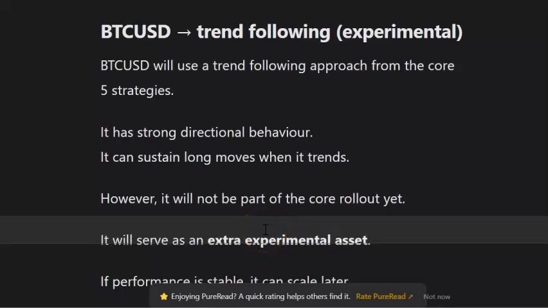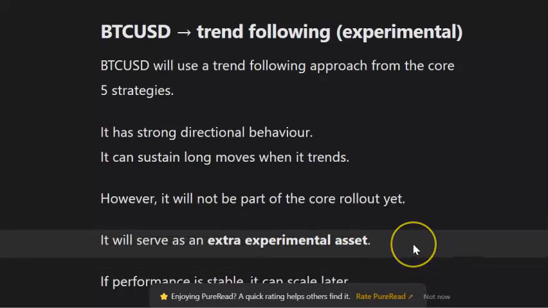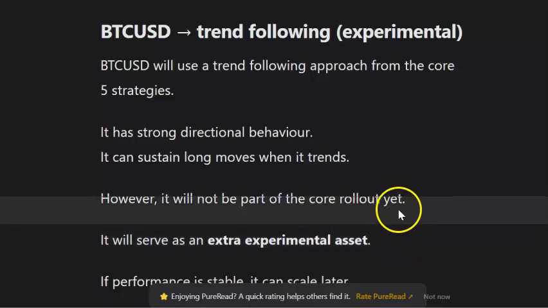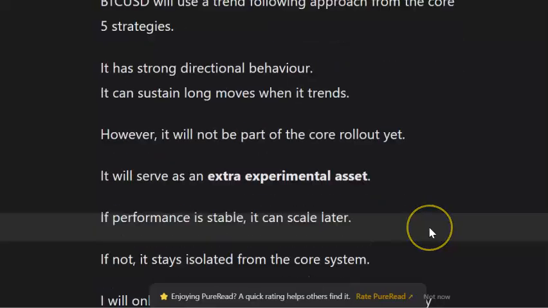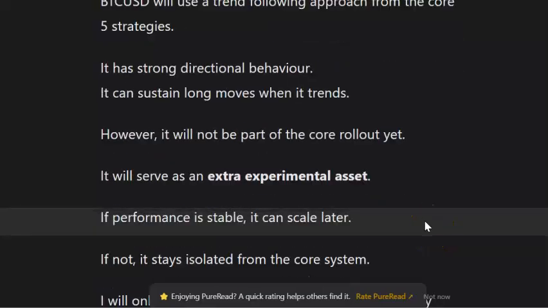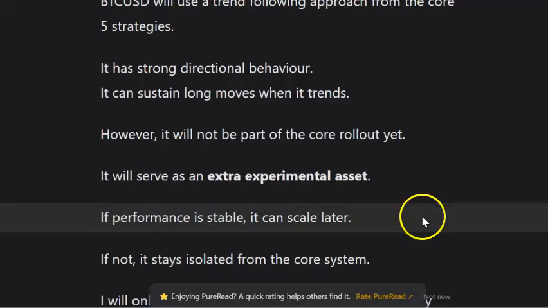BTCUSD, we're not going to ignore that, because this is very powerful. BTCUSD will use a trend following approach from the core 5 strategies, as it has strong directional behavior and can sustain long moves when it trends. But right now it will serve as an extra experimental asset, because we've got enough assets to focus on right now, and if performance is stable, then it can scale later on.